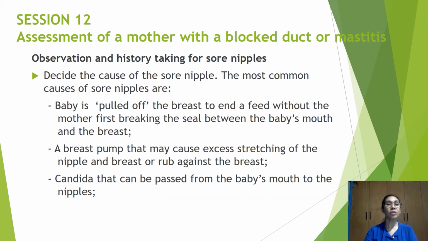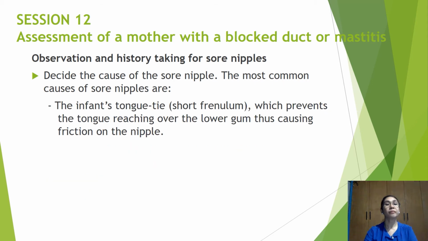Other causes could be: the baby is pulled off the breast to end a feed without the mother first breaking the seal between the baby's mouth and the breast; a breast pump that may cause excess stretching of the nipple and breast or rub against the breast; Candida that can be passed from the baby's mouth to the nipples; the infant's tongue tie or short frenulum, which prevents the tongue reaching over the lower gum, thus causing friction on the nipple.